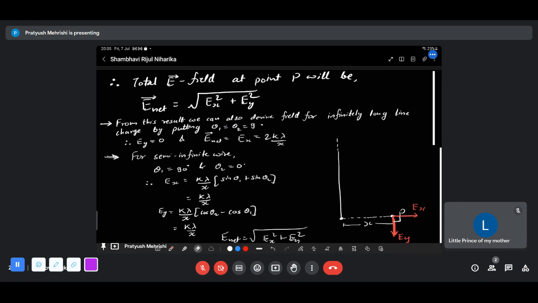Just put the values of theta in those components. What will be theta 1 here? Theta 1 will be 90 degrees because the line is going up to infinity. And what is theta 2? Theta 2 will be 0 degrees. Got it now?